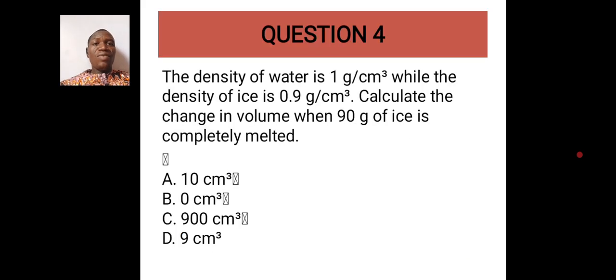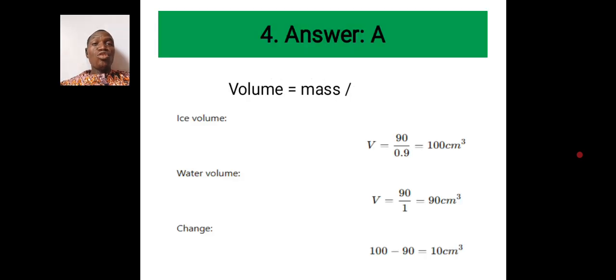I don't know if this is very clear, but what we are trying to do, look at the density of water has been given to you per gram in centimeter cube, and then the density of ice has been given. So you're asked to calculate the change in volume when 90 grams of ice is completely melted to water. So you have to calculate the volume of ice and you have to calculate the volume of water.